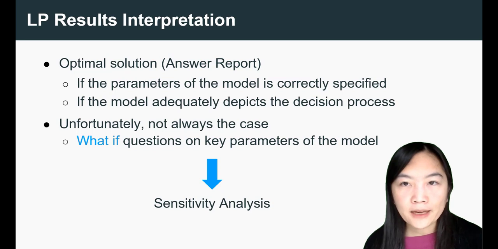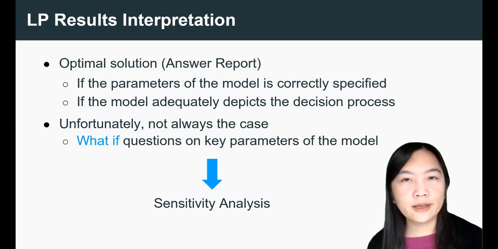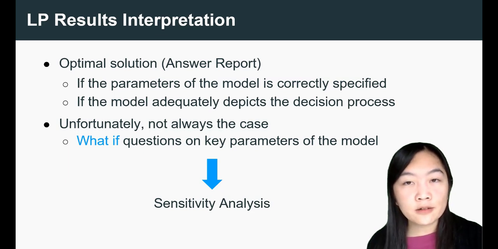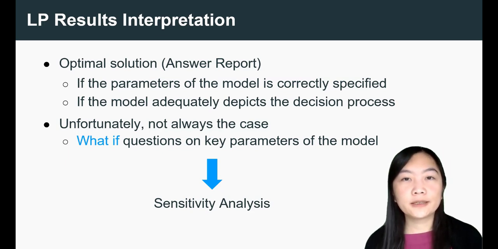So I have shown you the answer report, which includes the information about the linear programming problem. We see the decision variable values. We also saw the objective function value, which was the profit being maximized.